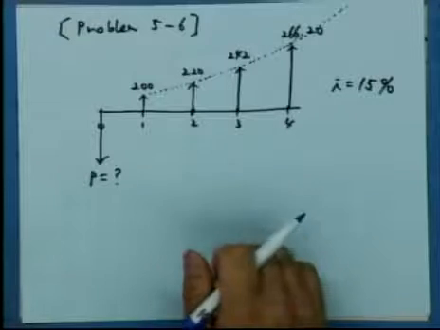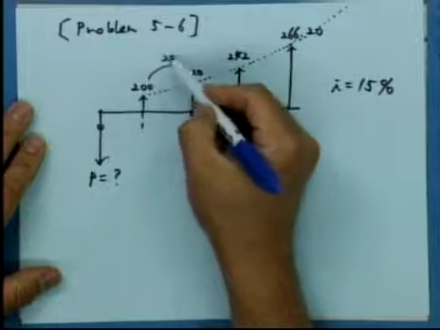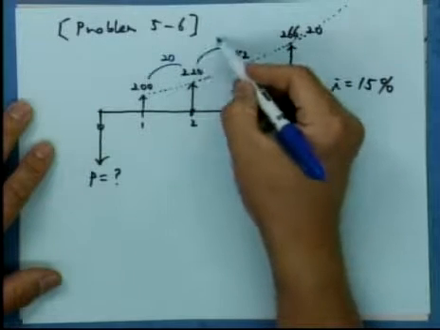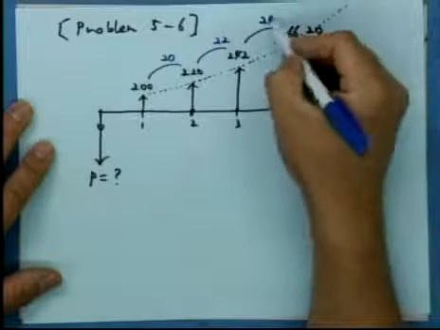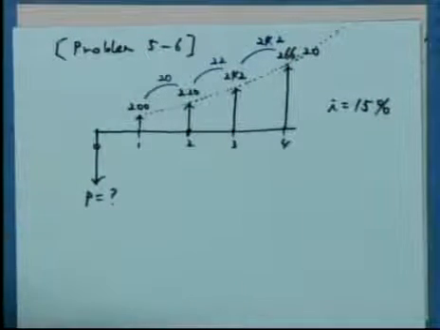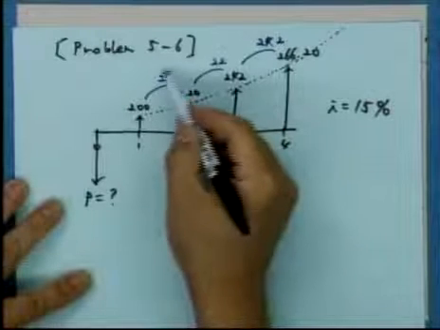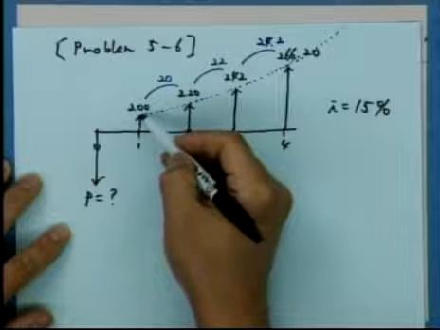So here the period by period change amount is, we have 20. And then here we have 22. And then here we have 24.2. Is that right? So the first difference, 20, is 10% of 200, right?